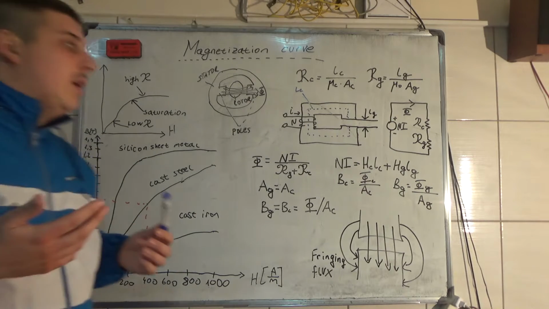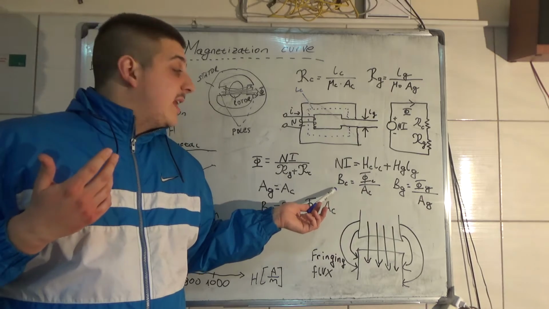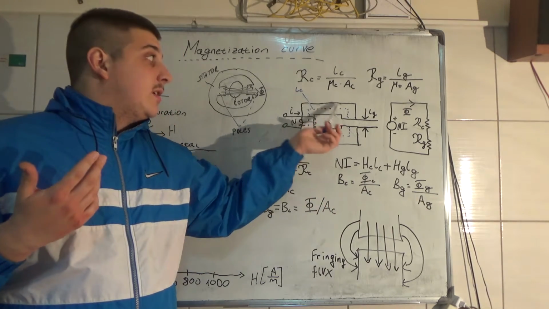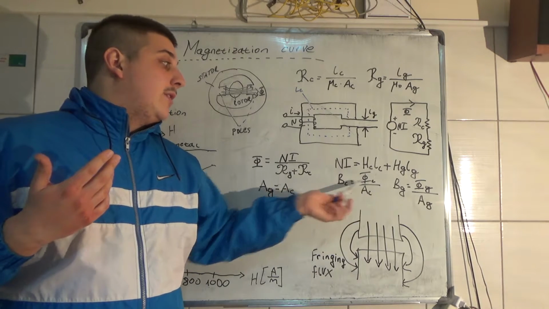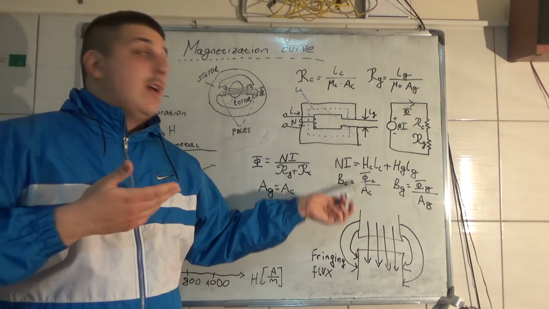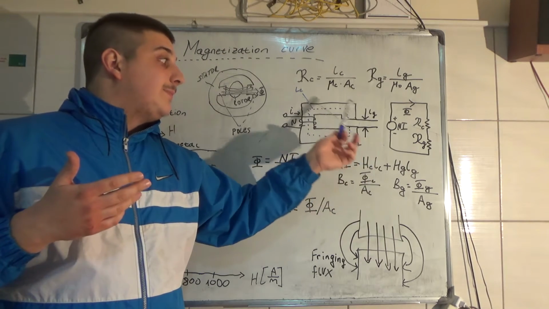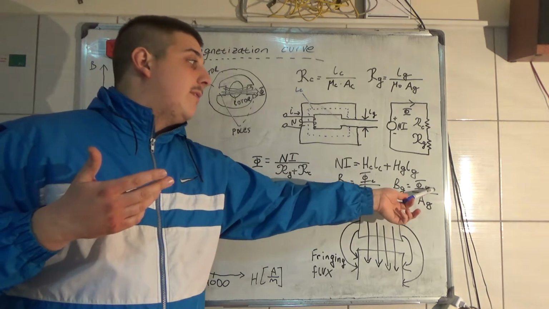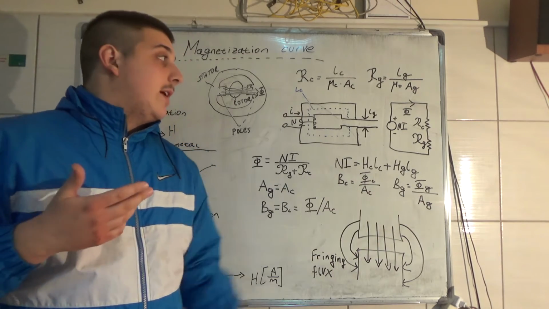Okay, now we know that the magnetic flux density in the core of this magnetic material is equal to the flux of the core divided by the area of this core, and the magnetic flux density in the air gap is equal to the flux in the air gap divided by the area of the air gap.